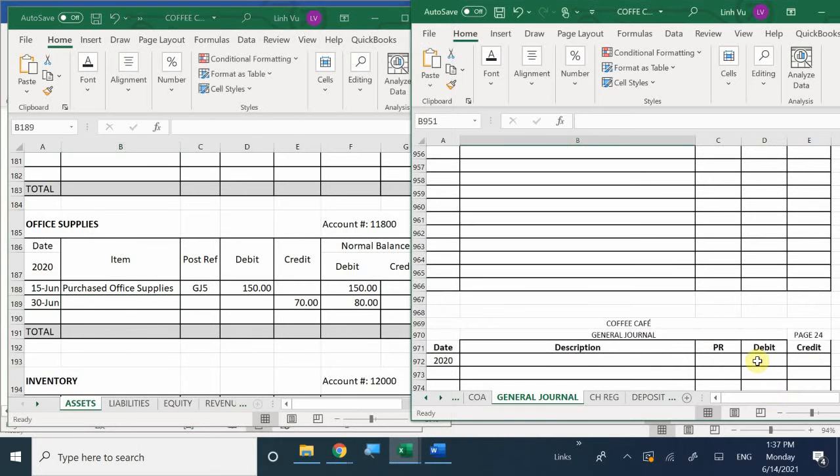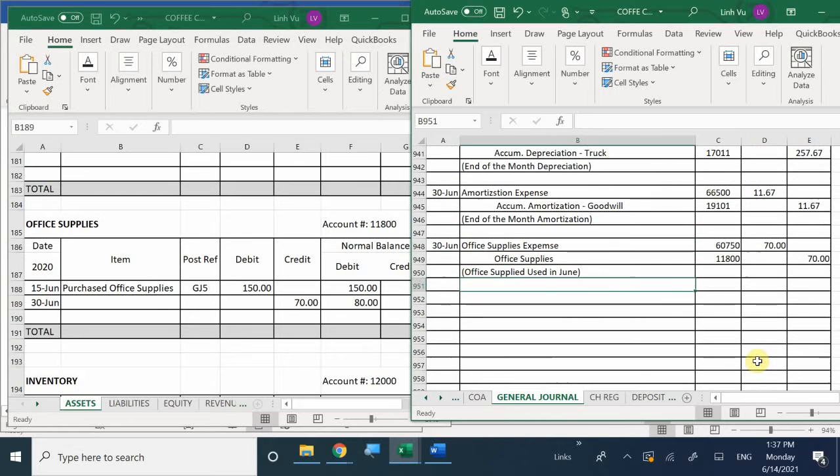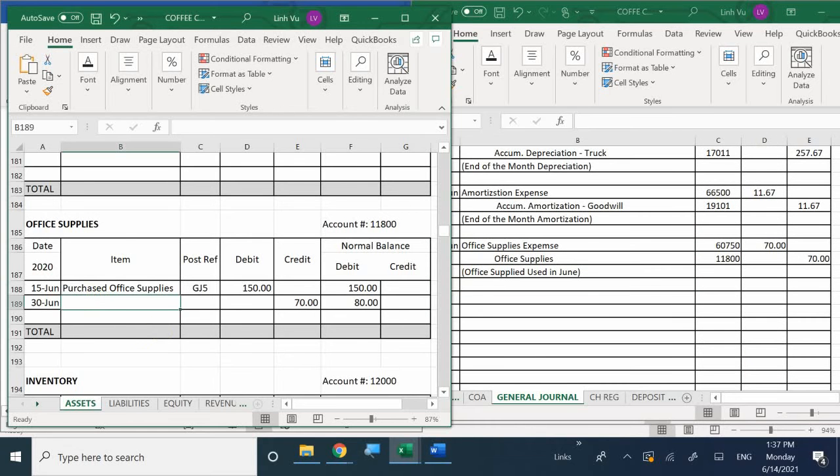June office supply usage. For $70, that's how we get a total of 80 left on hand.